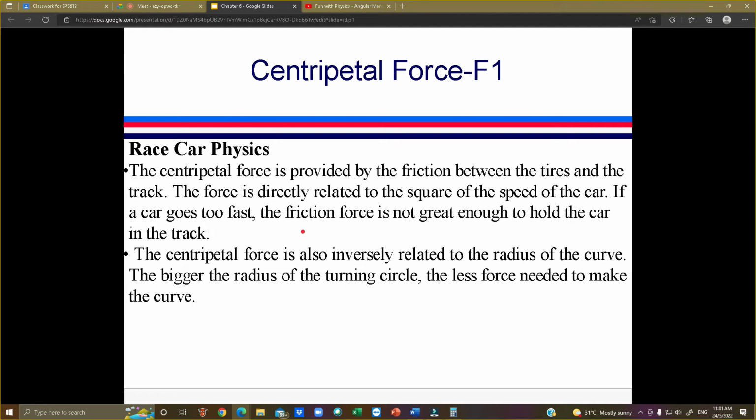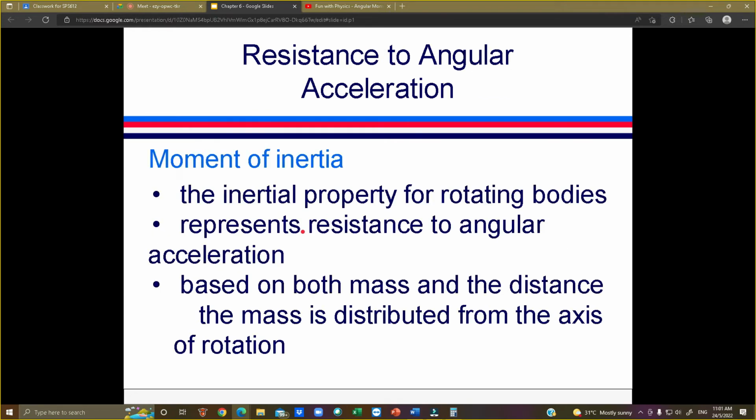Alright, so okay, now let's go to the moment of inertia. Moment of inertia ni weight, berat. Okay, moment of inertia ni adalah berat in angular motion.